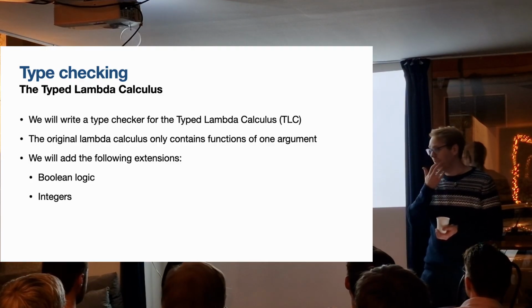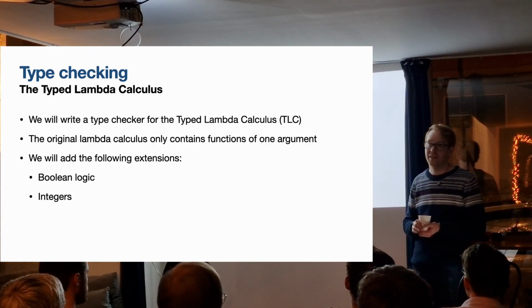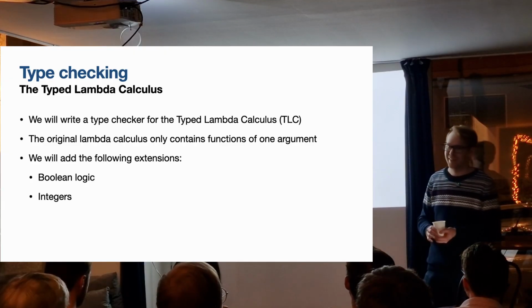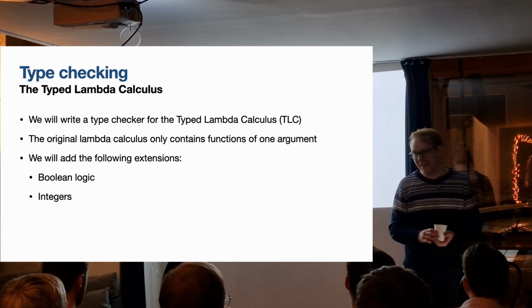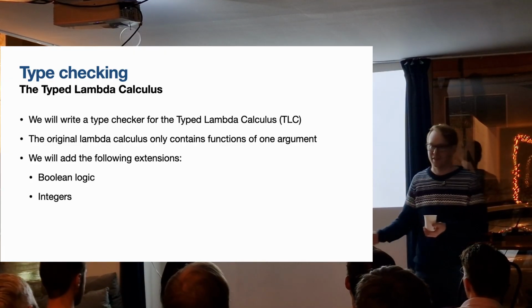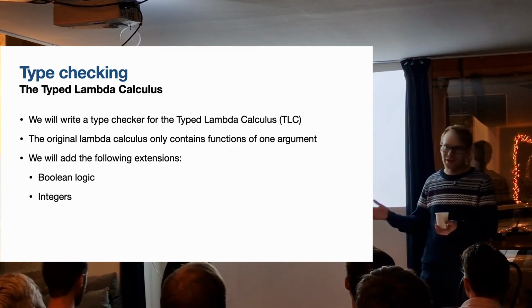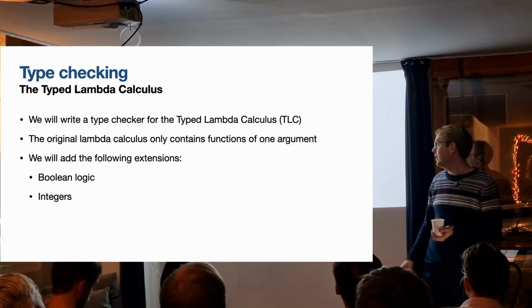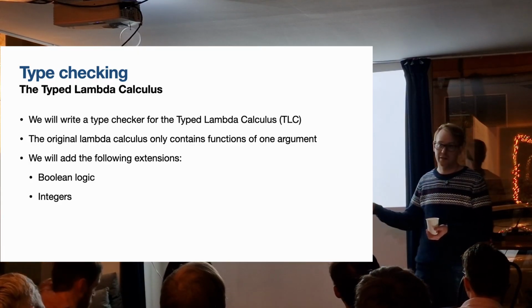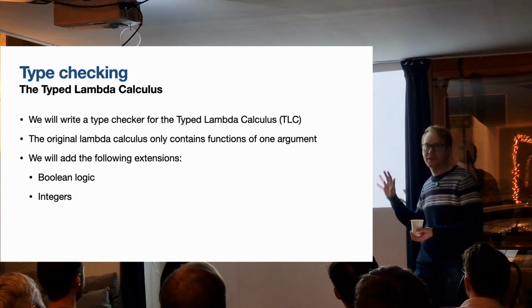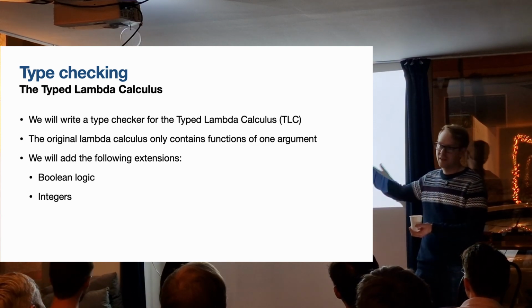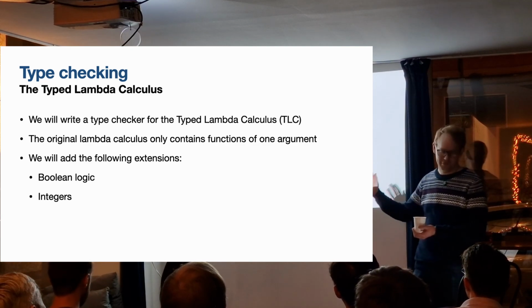Which is Turing complete, but not very intuitive. So to make it a bit more practical and easier to understand, we will add Boolean logic and integers. And this also makes it easier to have different types, so we can show how type checking can fail.